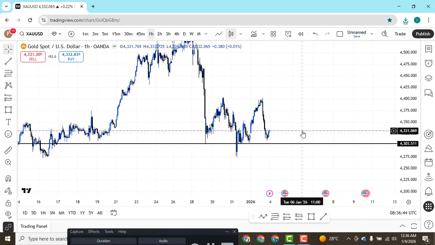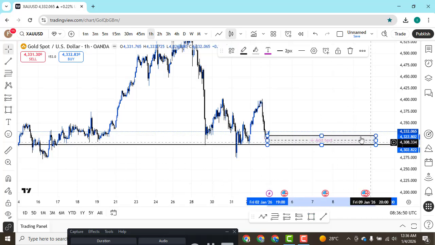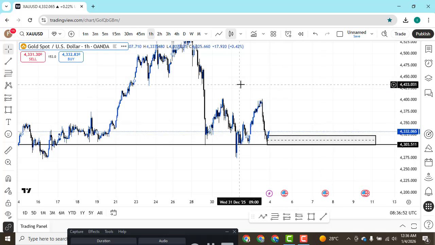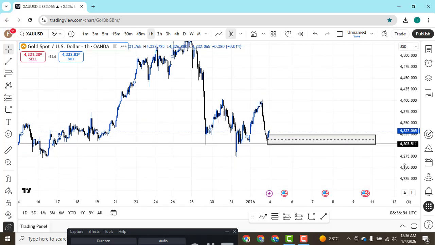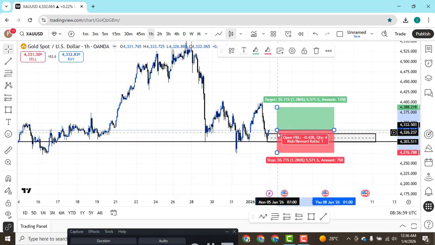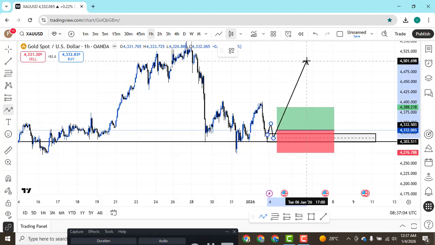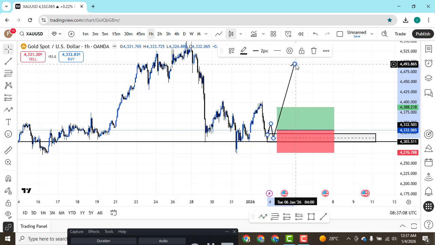So for me, I will enter gold from here. You can enter immediately, or you wait for gold to do something like this and go to the next resistance level.